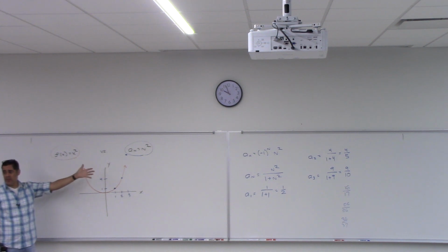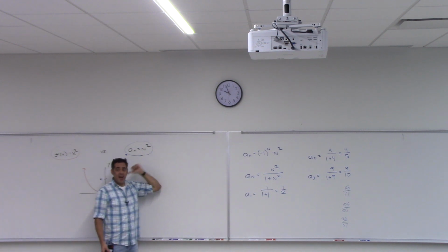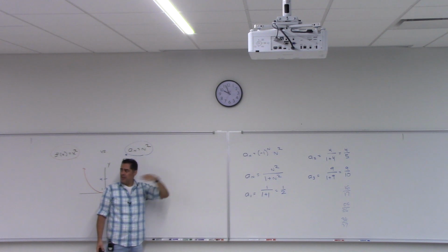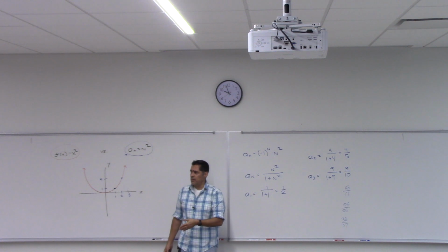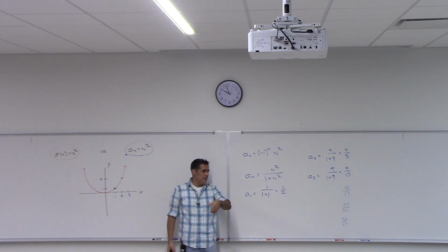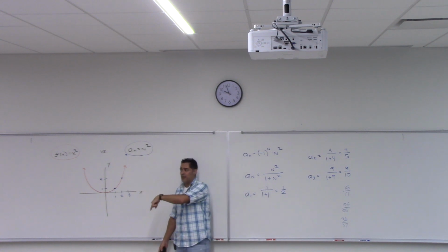Does that seem reasonable to you? Whatever the red function does, the dots have to follow along because the dots live on the curve, don't they? So that theorem says, if you're ever trying to find the limit of a sequence, then you can convert it to a function of x first, figure out that limit using Cal 1, and then whatever that limit is, that's your answer here.